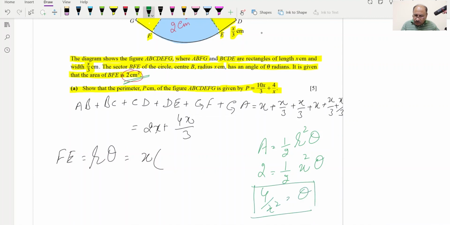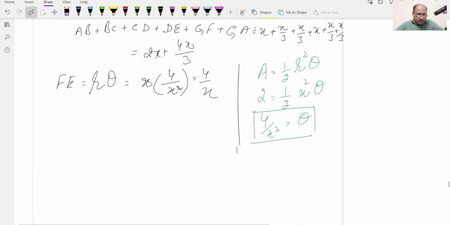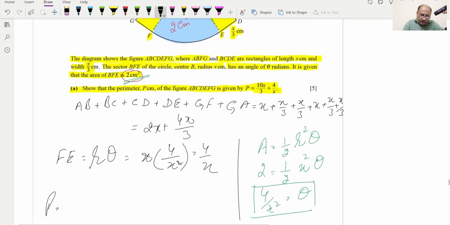So this is the value of theta, which we can replace over here, and r theta will be x into 4 over x squared, and we can cancel this square with this one, and we'll get 4 over x, and 4 over x will be the FE value. Now for perimeter we will be adding what we calculated over here with the FE value.